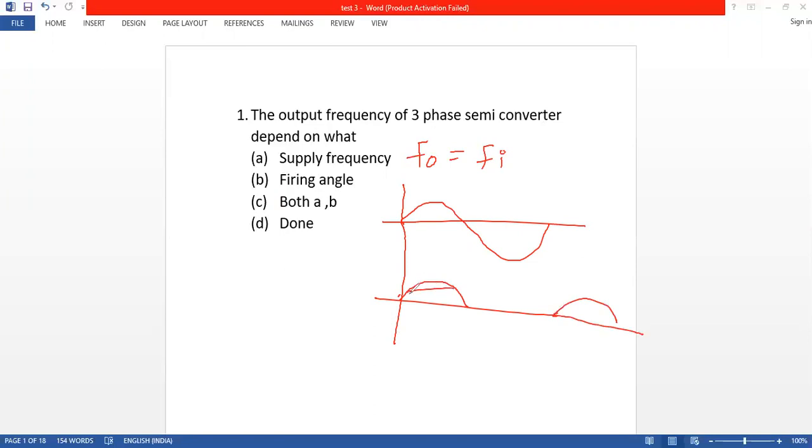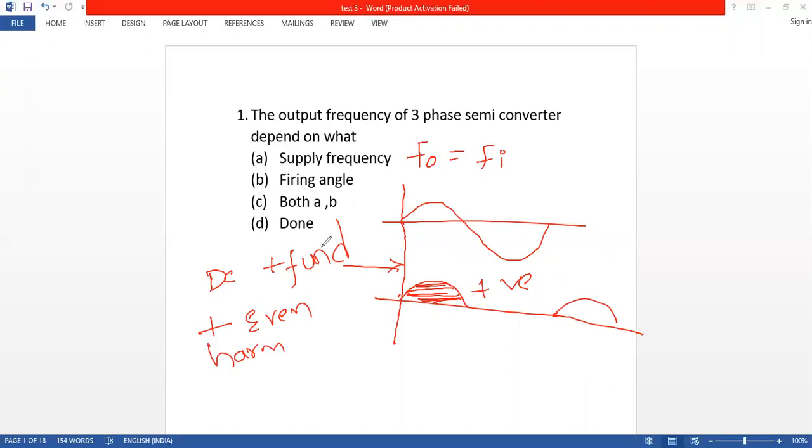So here what you have seen is that net area is positive, so you will have a DC component in that. Then you will have the fundamental, then you will have even harmonics. So see here, this DC component will cause saturation of the transformer.